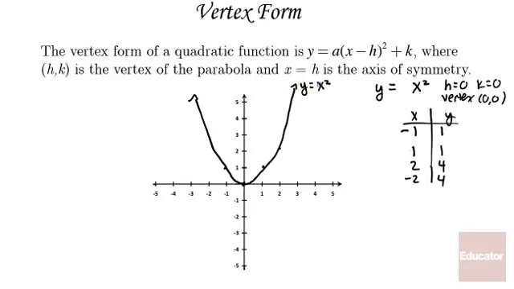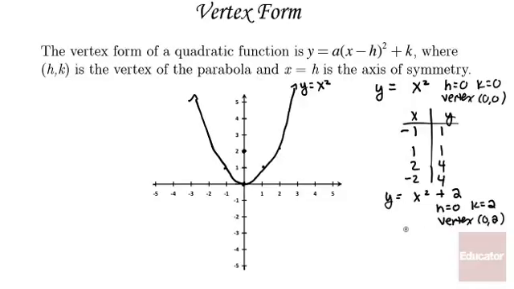Now, let's look at the situation where y equals x squared plus 2. I still have an h that equals 0, but here k equals 2. Therefore, the vertex is at 0, 2.